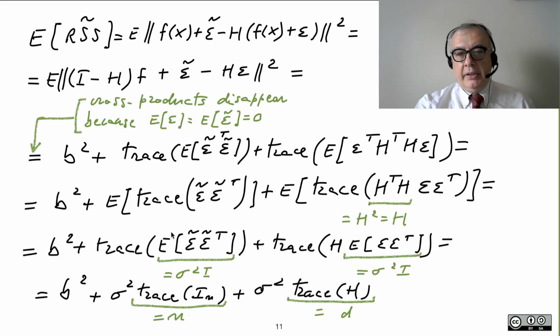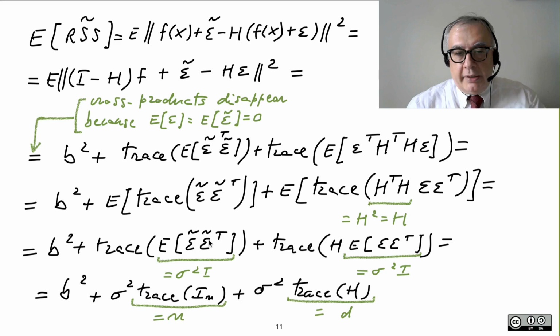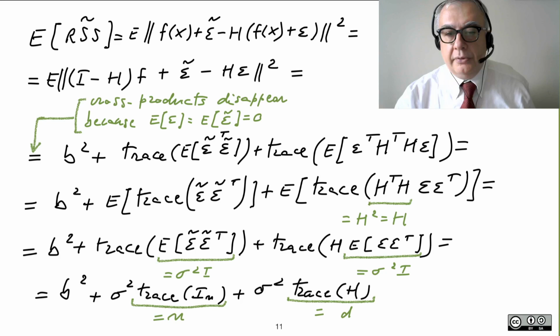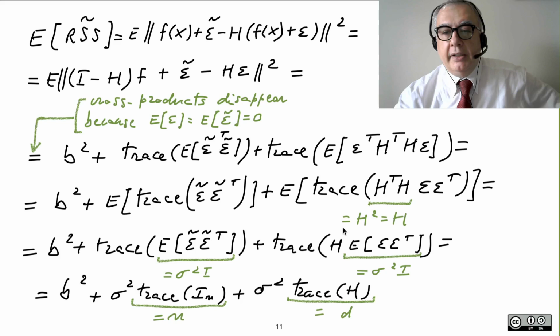I go on, and again I commute trace and expectation, so I have the trace of this expectation. Now epsilon epsilon tilde transpose is an n by n matrix, and its expectation coincides with the variance of epsilon, because epsilon has a zero expectation. The variance matrix of epsilon we know is sigma squared identity. A similar argument holds here.